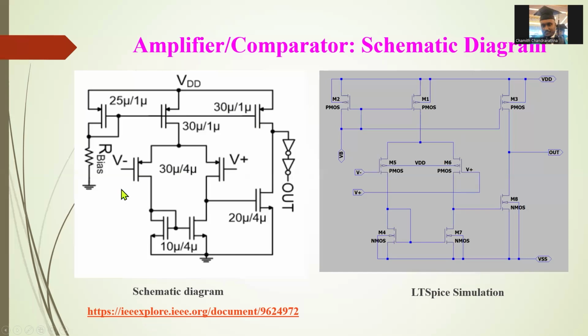But in the amplifier, for the analog circuit, we have to calculate each WL ratio. These are different. You can see 25 divided by 1, 30 divided by 1, 30 divided by 1, 30 divided by 4, 10 divided by 4. Those are different, which means that we have to calculate these. And after that, while obtaining the simulation, we have to optimize these values by fine tuning. Okay.